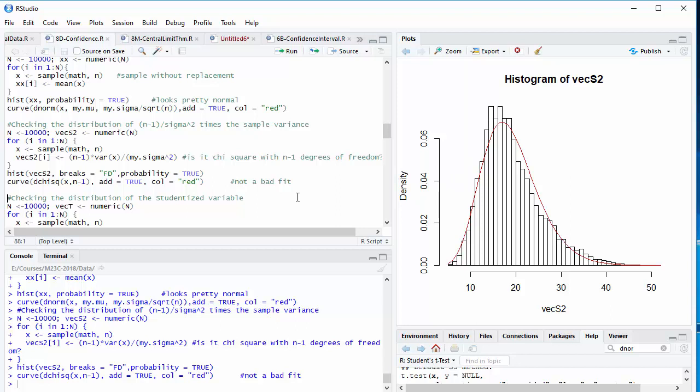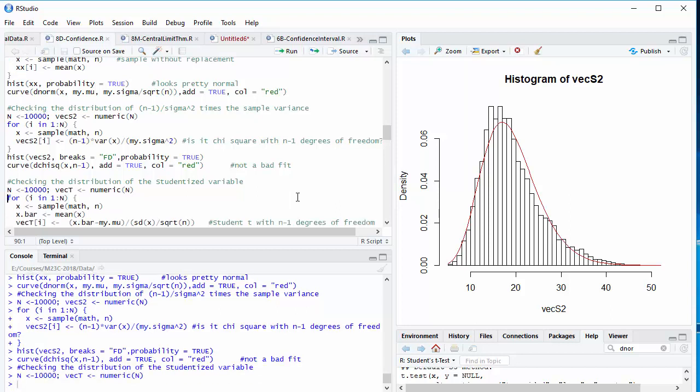The derivation of student t assumes that the distribution of n minus 1 times the sample variance over sigma squared is exactly chi-squared. So let's see what happens when we look at the distribution of the studentized variable.